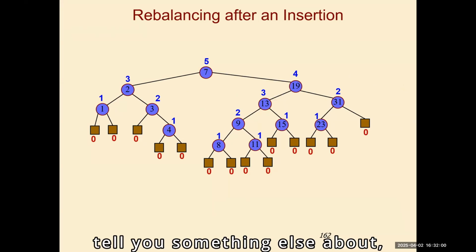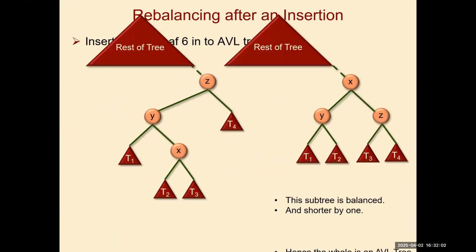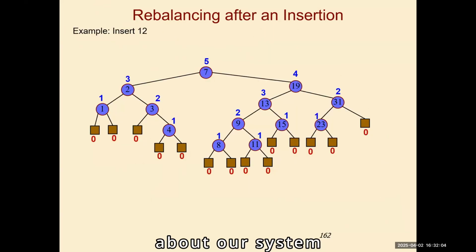Oh, and let me tell you something else about our system invariant. These slides I got from a different professor, Andy, after I'd made my other slides, and he does it differently.